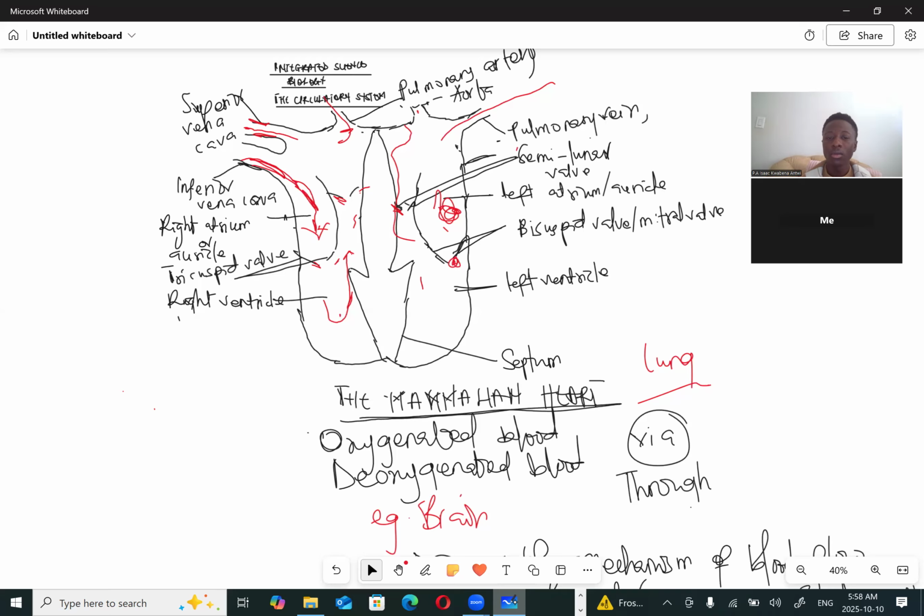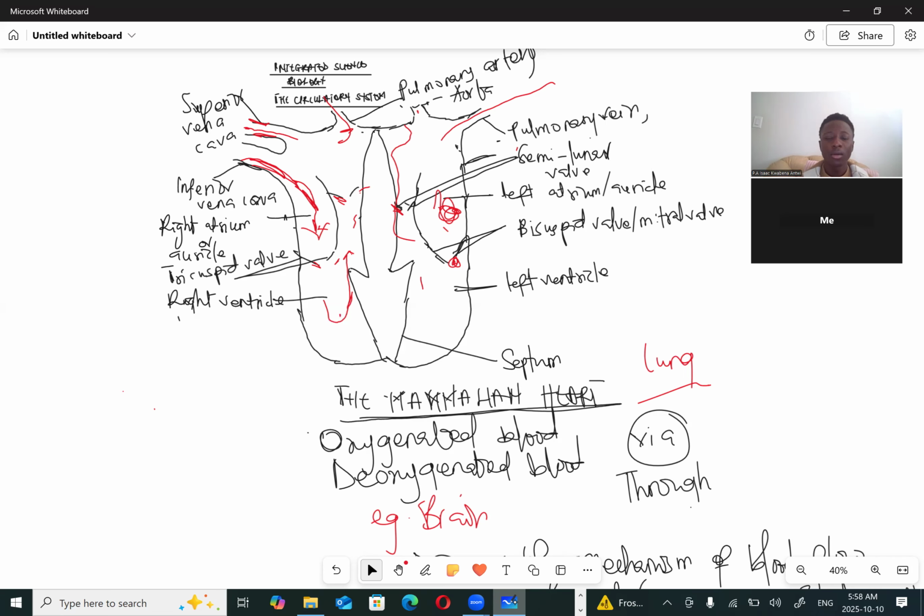It pumps deoxygenated blood from the right atrium to the lungs. Lungs is too far. It receives and pumps deoxygenated blood from the right atrium to the pulmonary artery. How can you forget the pulmonary artery and go straight to the lung?